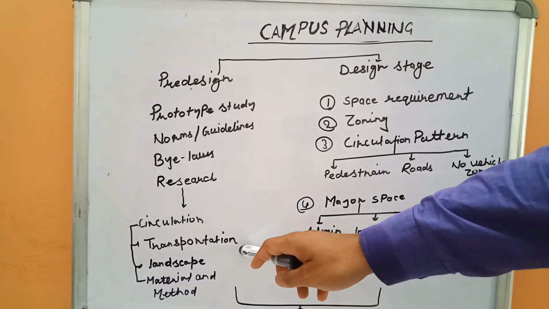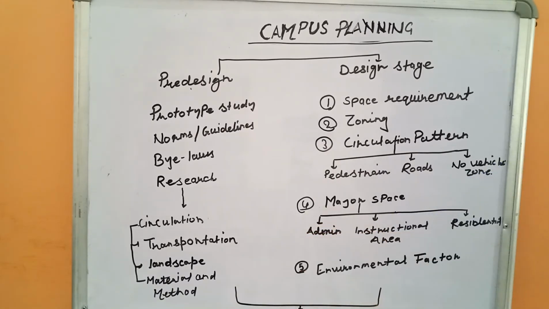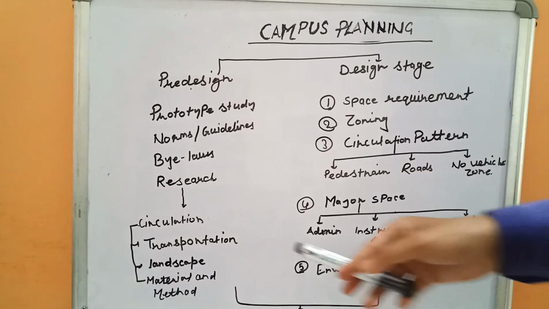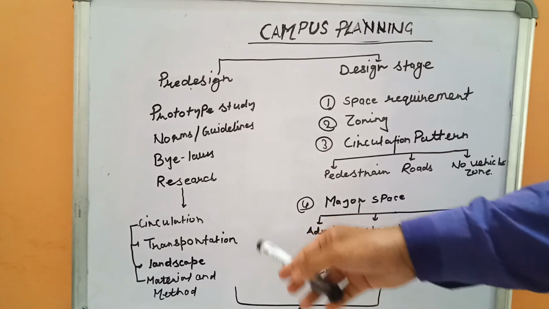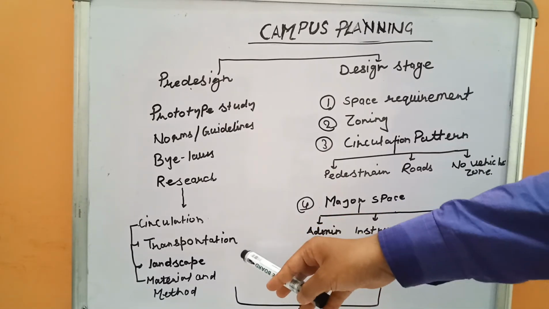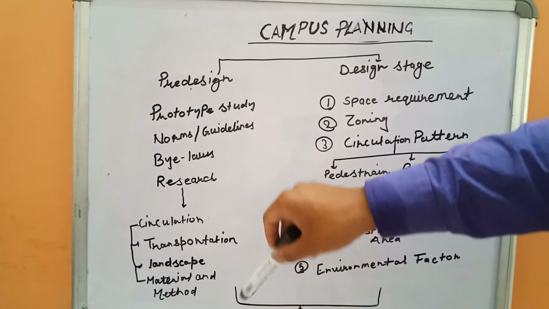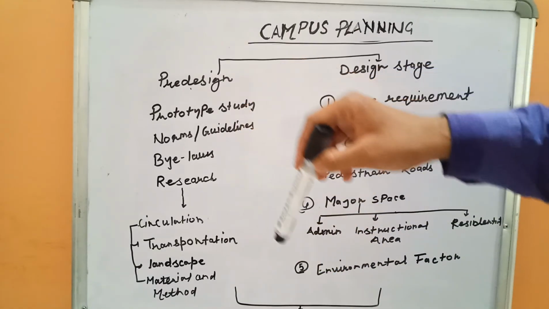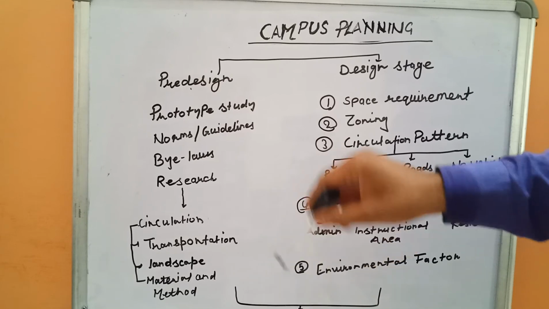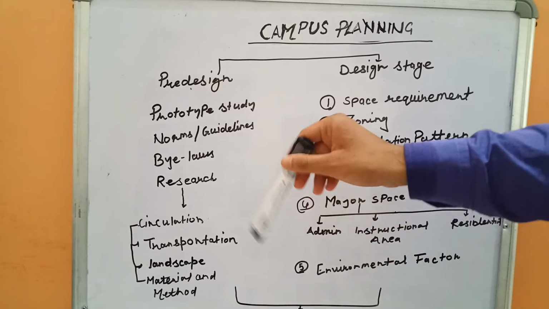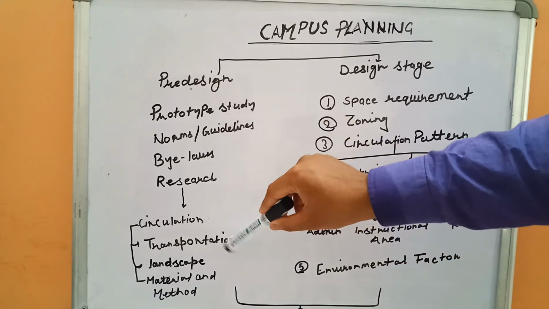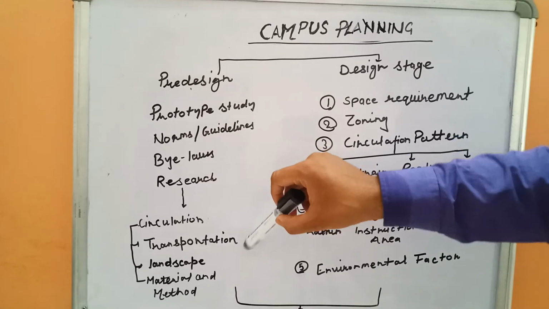Then transportation: we have to figure out which route is for traffic movement, for cars, buses, which is for the public, which is pedestrian, the no vehicle zone, and how we can avoid noise from transportation activity. So this is the foremost thing here.